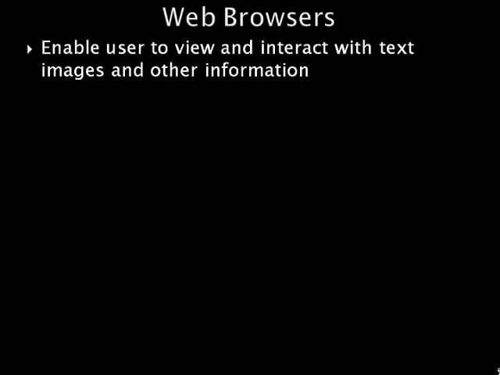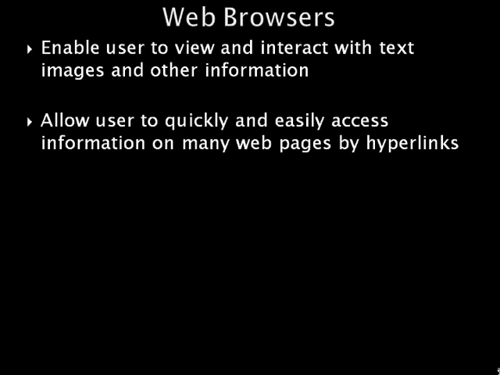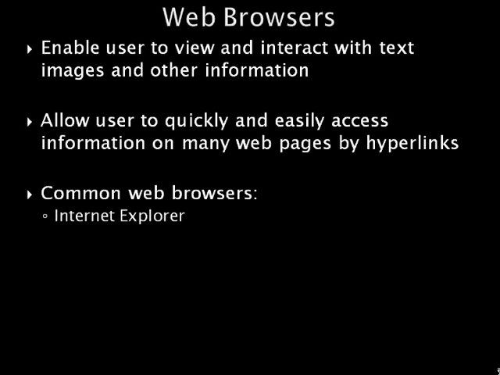Web browsers allow a user to quickly and easily access information provided on many web pages at many websites by traversing these links. Some commonly used web browsers are Internet Explorer, Mozilla Firefox, Opera, Safari, and so on.